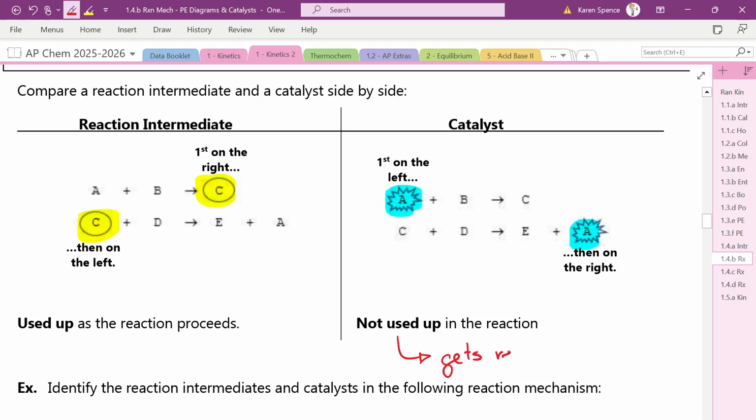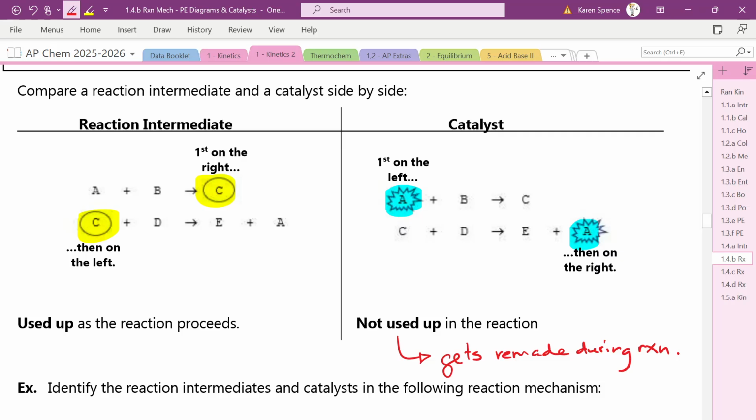Yes? Then what would the catalyst really look like? Could it be aqueous or liquid? It can actually, there's all sorts of different catalysts, okay? So you can have a solid catalyst. You can have hydrogen ion, which often acts as a catalyst.